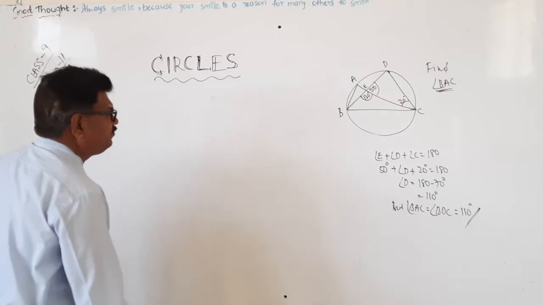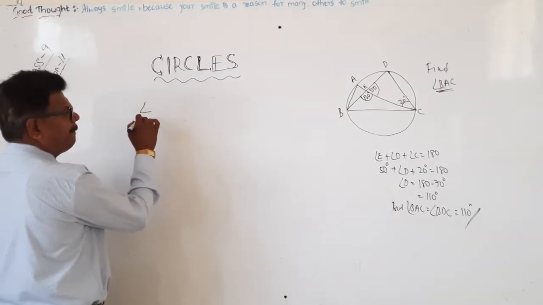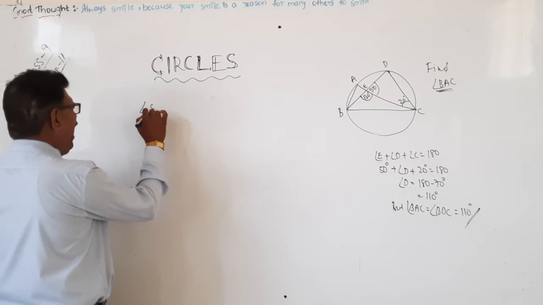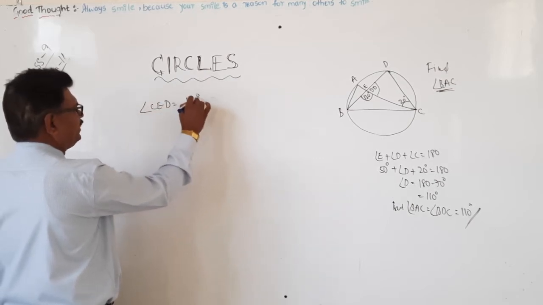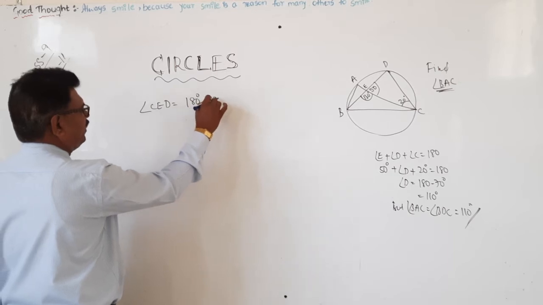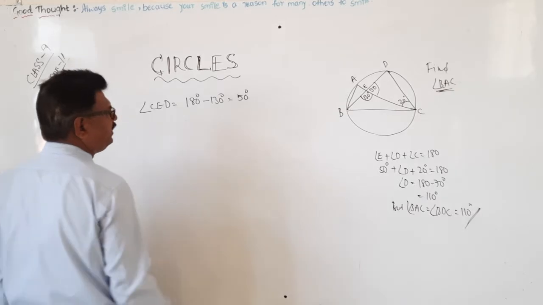Now take angle CED, which is equal to 180 degrees minus 130 degrees, equal to 50 degrees. Okay?